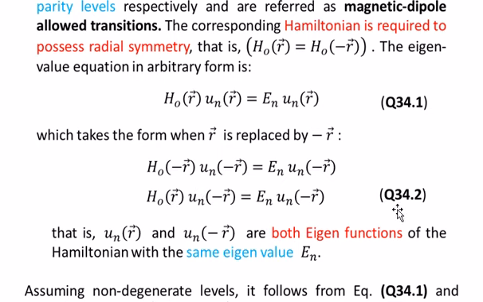So equation 34.2 becomes H of r operating on un of minus r is equal to En into un of minus r. That is, un of r and un of minus r are both eigenfunctions of the Hamiltonian with the same eigenvalue En.